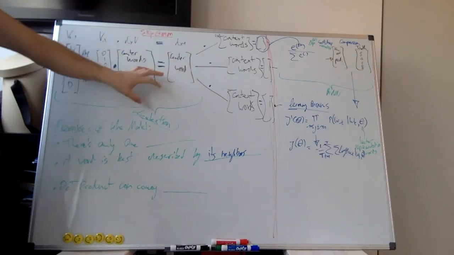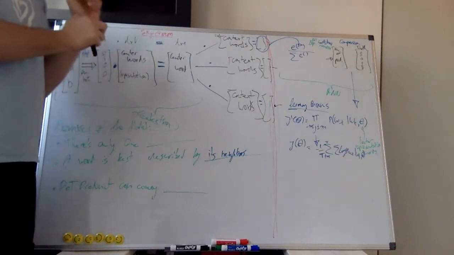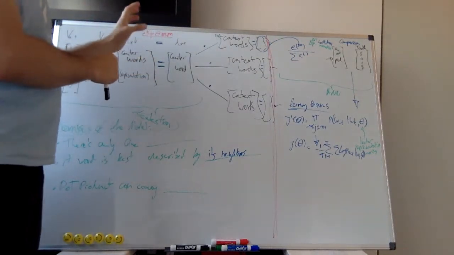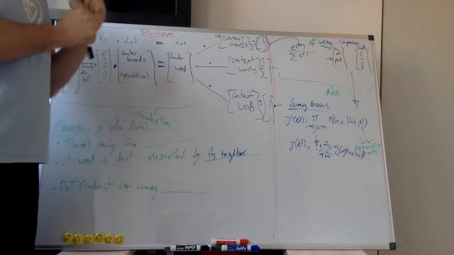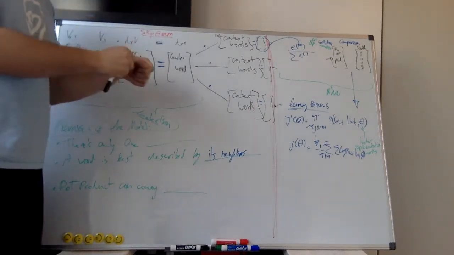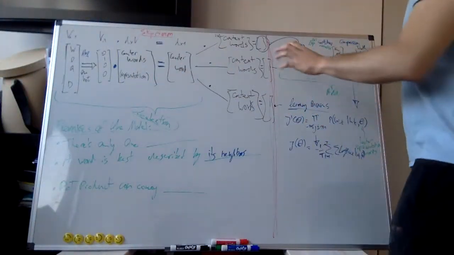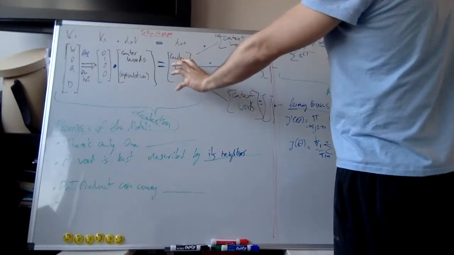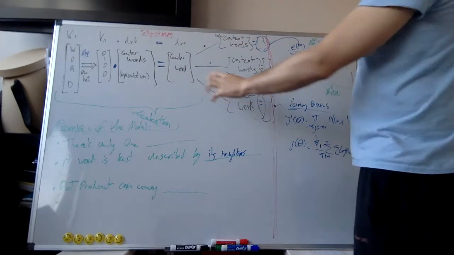And once we get this center word, we want to end up with a vector of probabilities in which each probability is assigned to a specific word.